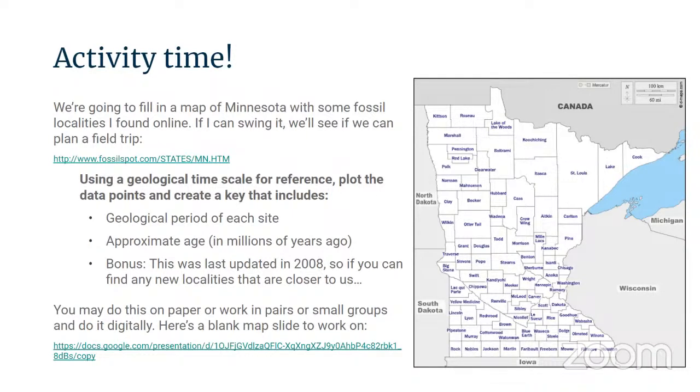I'll just pass over there. I did find one place that said you can go visit and you can keep any fossil smaller than your hand, but it's kind of far away. So we'll see.